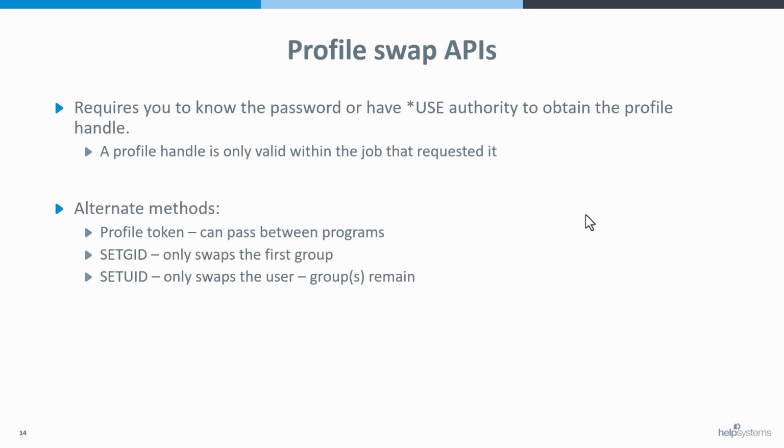That profile handle is only going to be good for that job. Some other methods can be used for different purposes. A profile token can be created and can be passed between programs. Also, the set GID or the set UID methods can be used, which are very similar to methods used in Unix and Linux systems.